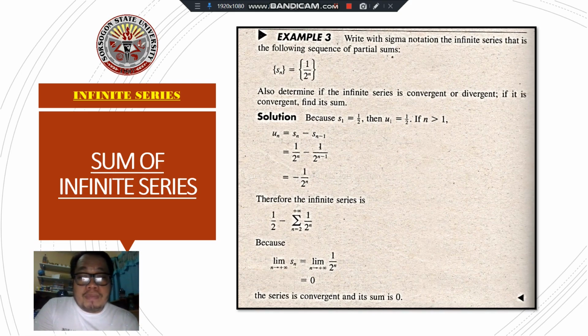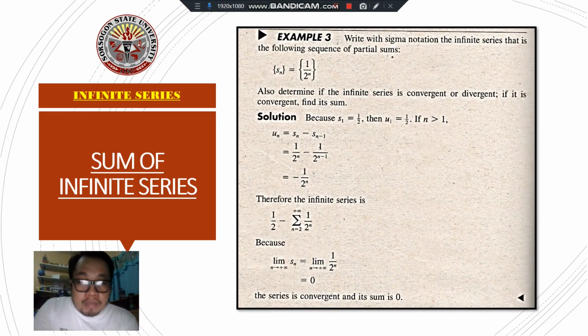Since if you replace n in negative 1 over 2 raised to n, that is not equal to 1 half. So we exclude 1 half in such notation, and we start with 2 up to positive infinity.